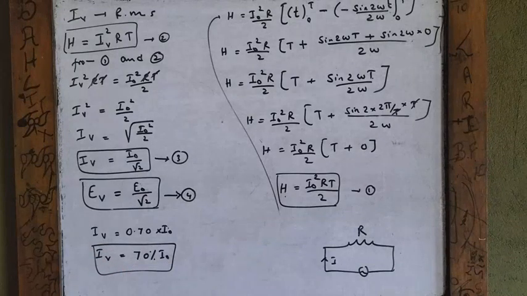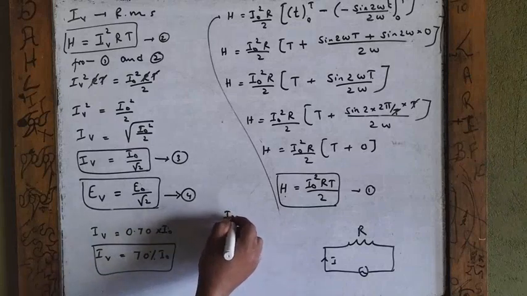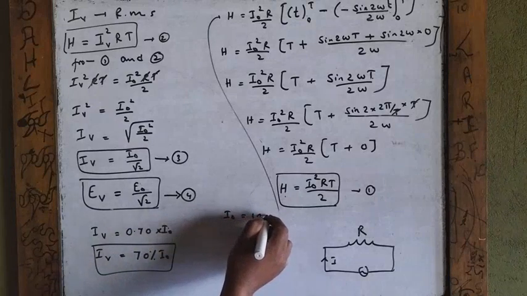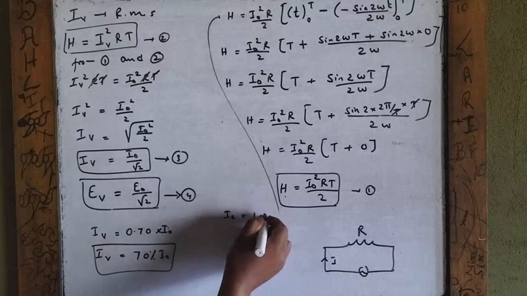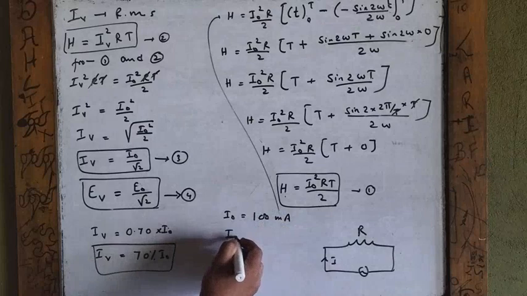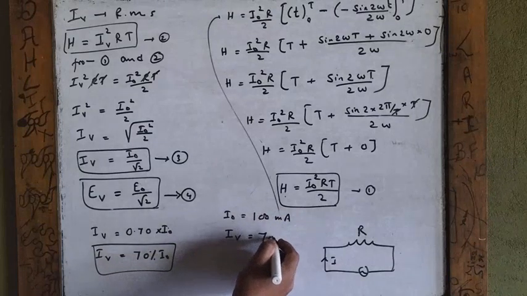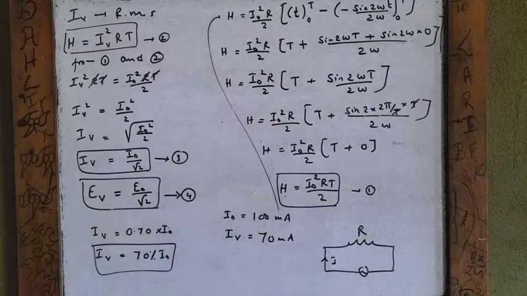So what does it mean? It means that if I naught, let's say, is equal to 100 milliampere, then the root mean square value will be 70% of this, which means 70 milliampere.